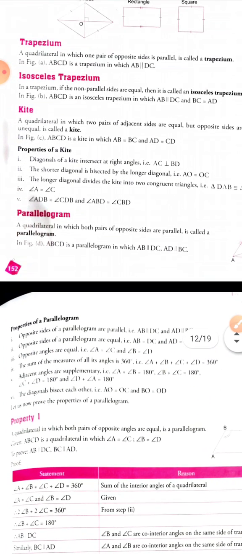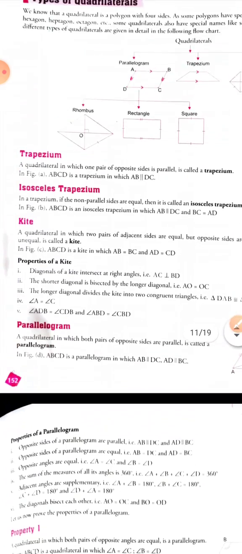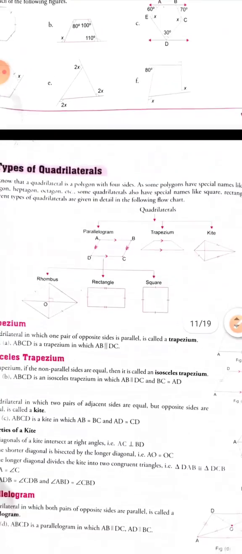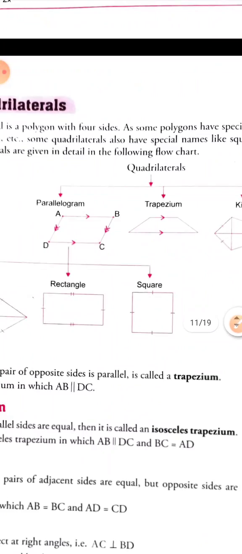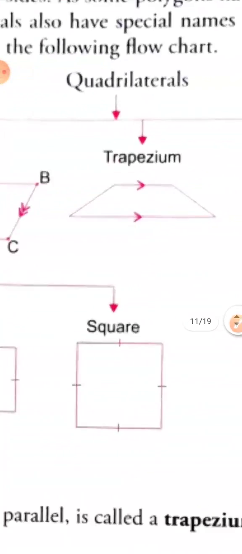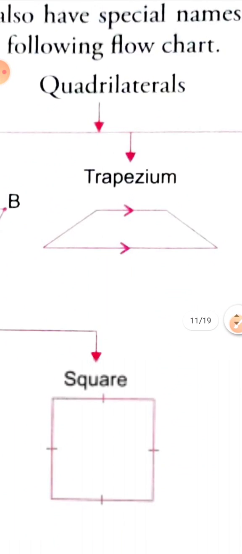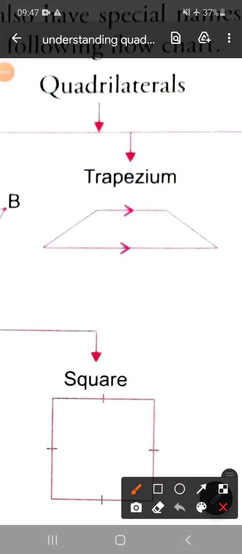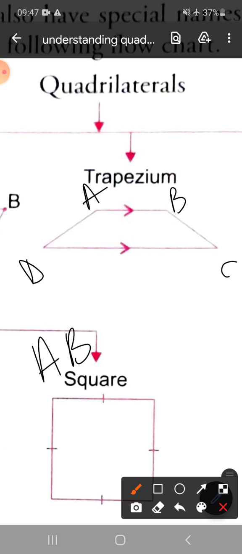We'll start with the properties of a kite, but before that let me tell you about the isosceles trapezium, right? What is an isosceles trapezium? Let us name this trapezium A, B, C, D. AB is parallel to DC, right?